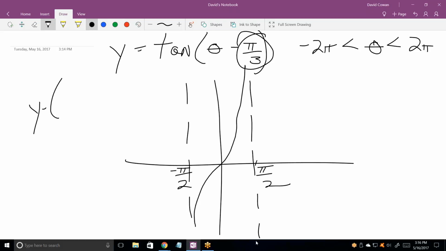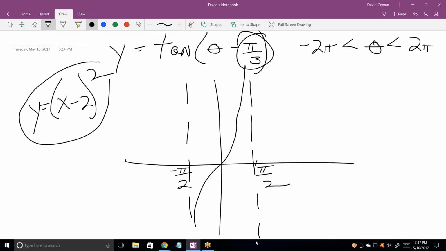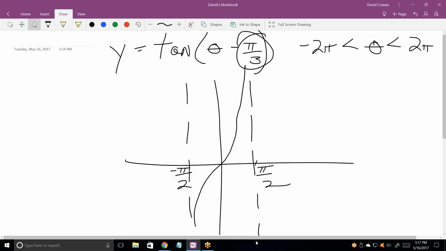Just like if I had x minus 2 squared, that would still be a parabola, it's just its vertex would be moved 2 points to the right. Trig's no different. They call them different things, but they're still just horizontal shifts and vertical shifts. So which way should I shift this? It would shift to the right.